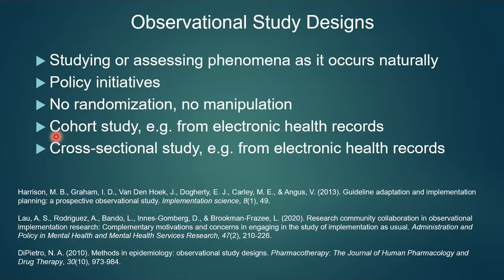The classic types of observational study designs are cross-sectional studies, cohort studies, and even case control studies. For example, we may have information in the electronic health records about different sorts of implementation package components that may or may not have been implemented in different places at different times.